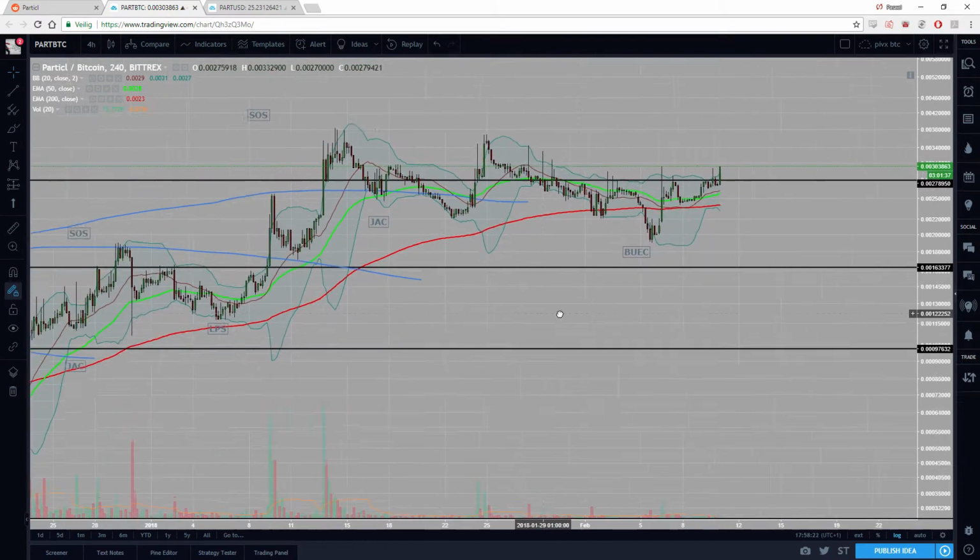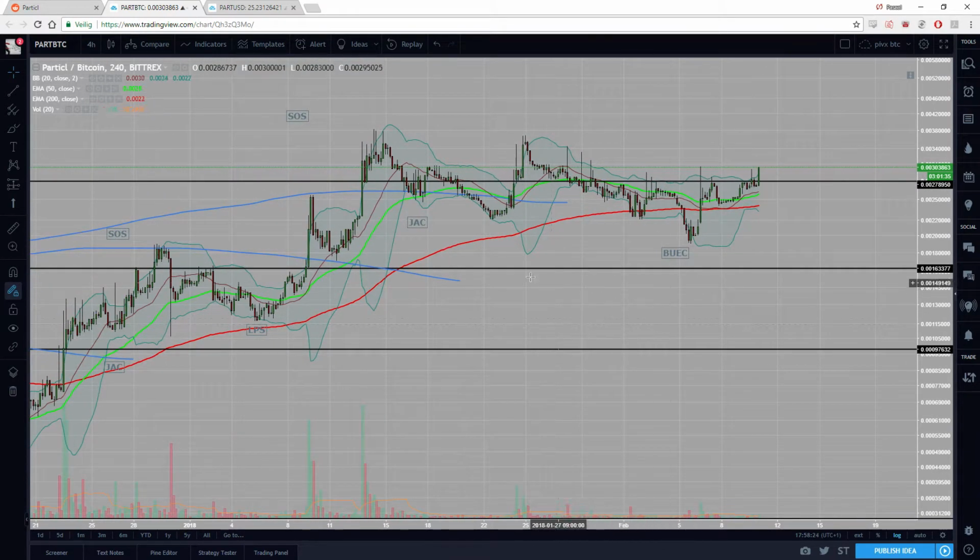I could actually see an argument for a mini accumulation phase, right? If you have a buying climax right here, a selling climax right here, automatic reaction, secondary test, testing resistance right here.